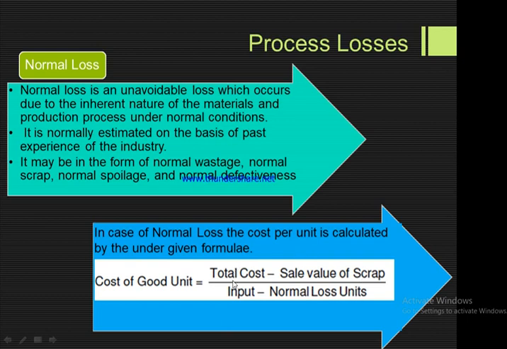By doing so, we will come to know the cost of good units, and this cost of good unit is going to be taken as a basis for computation purposes.